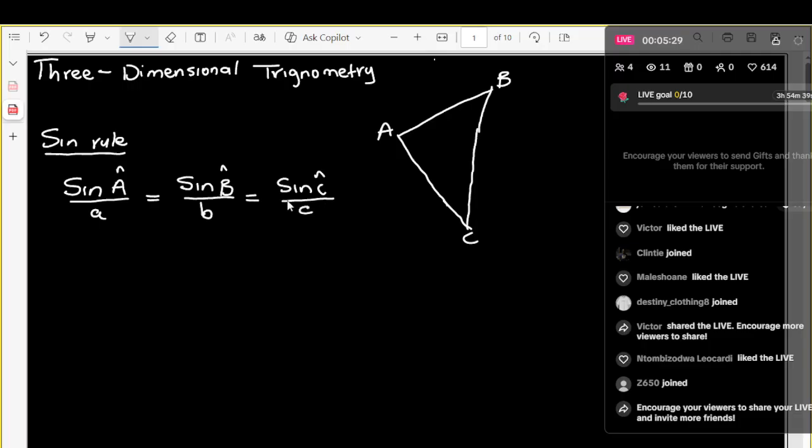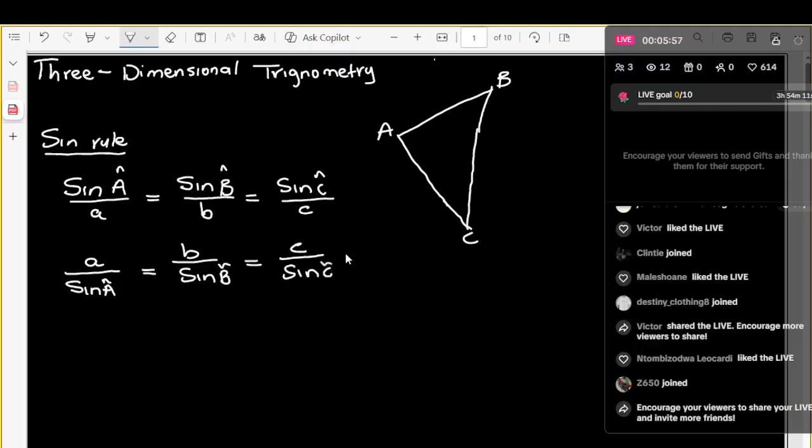Remember, we can also write this as a over sine A, but it will depend on what we are looking for. So we can write this as a over sine A, equal to b over sine B, and this is equal to c over sine C.